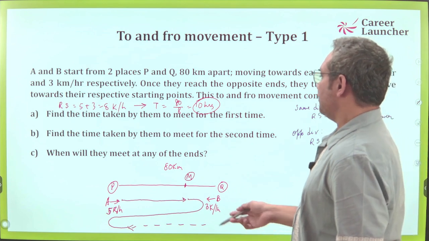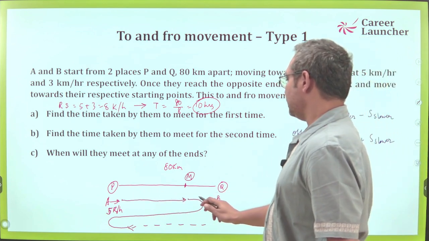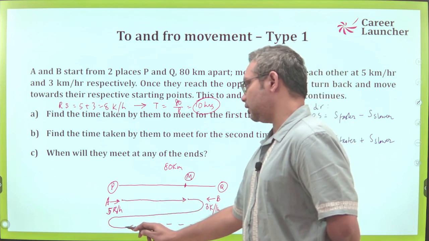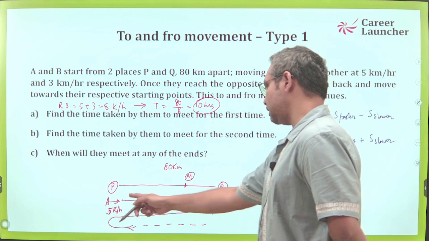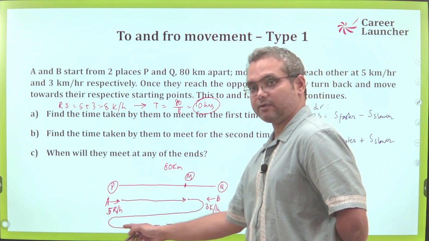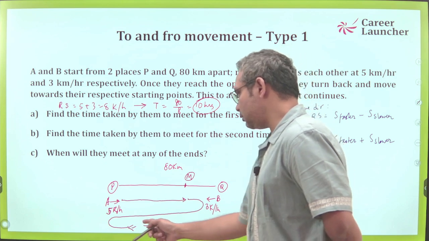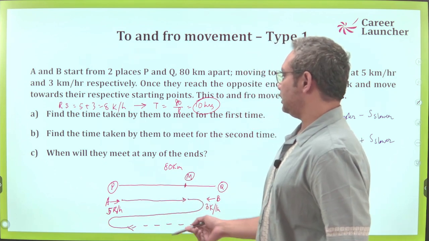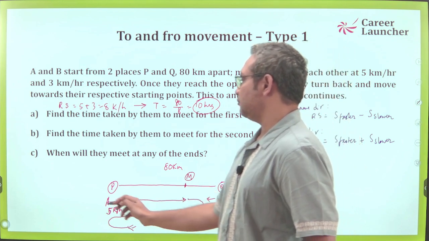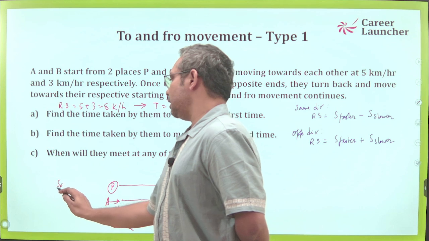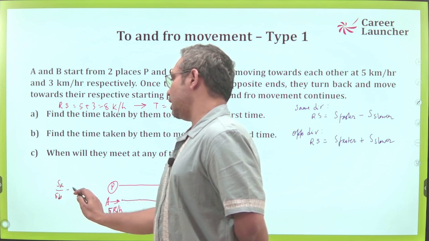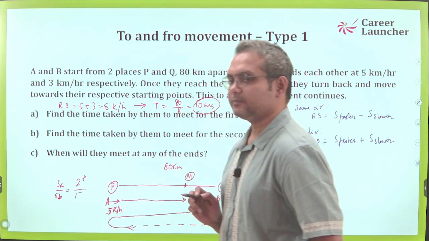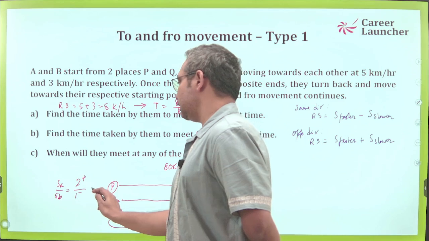But now if you look carefully, A has travelled once, twice and more than twice the same distance, while B has covered not even once. So the ratio of the speeds according to this diagram, speed of A to speed of B, should have been more than 2 divided by less than 1, which is clearly greater than 2.